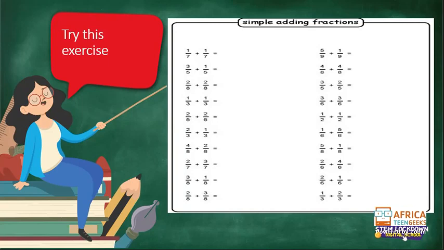It is 3 over 3, which is equal to 1. All right. We're looking at 4 over 8 plus 2 over 8. Right, 6 over 8. Thank you so much. And then we have 2 over 7 plus 3 over 7.